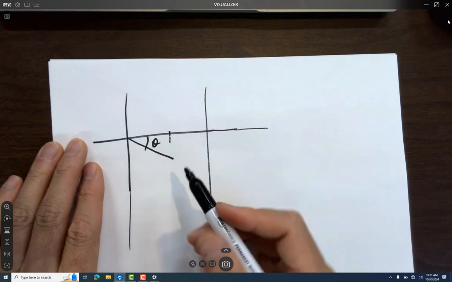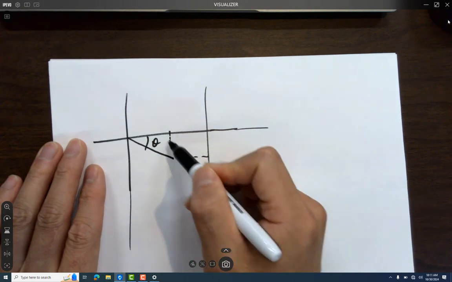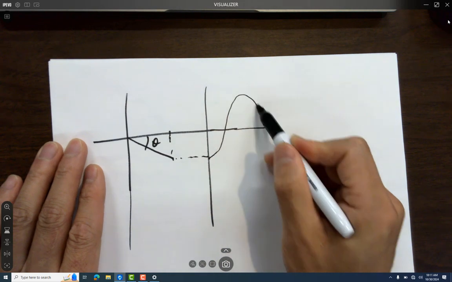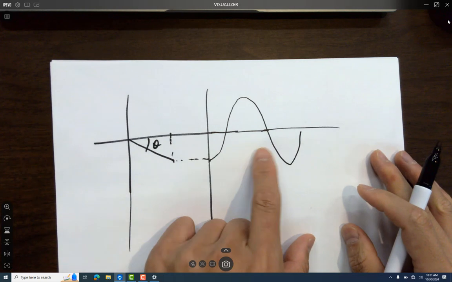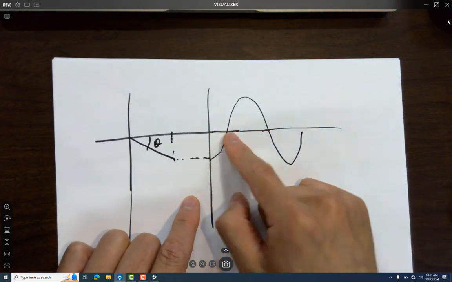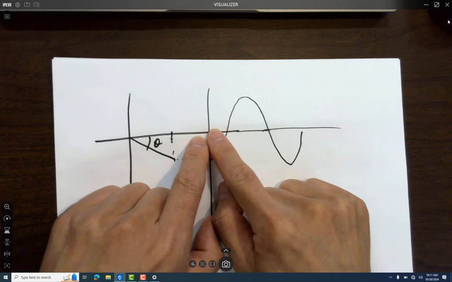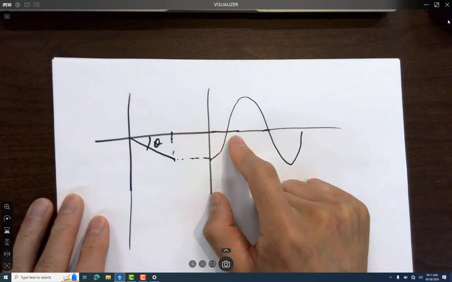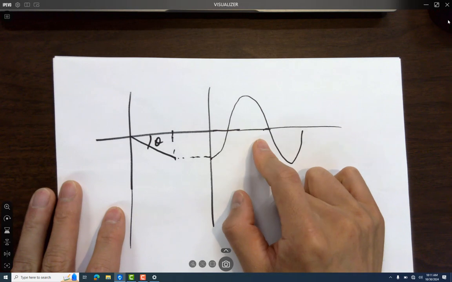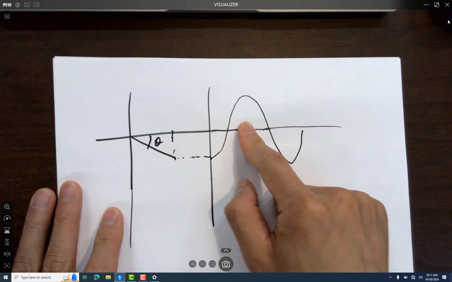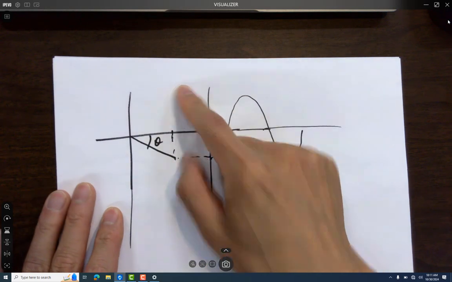Lagging, right? It's lagging because it should start from here, but it started at the 0 point after a certain amount of time. A negative angle is lagging, a positive angle is leading. Make sense?